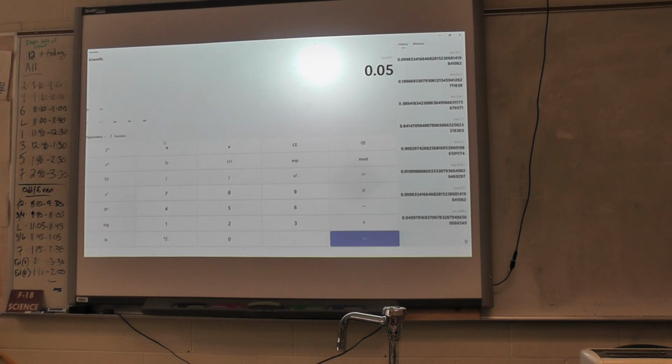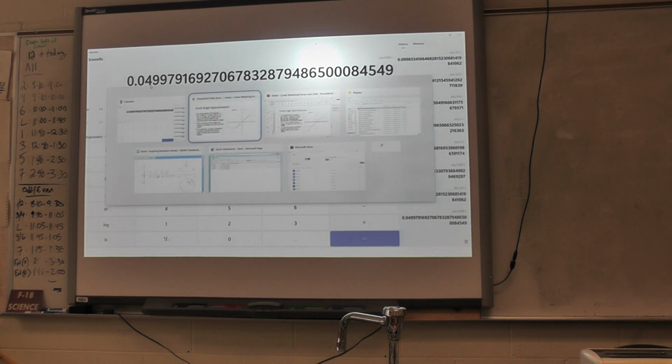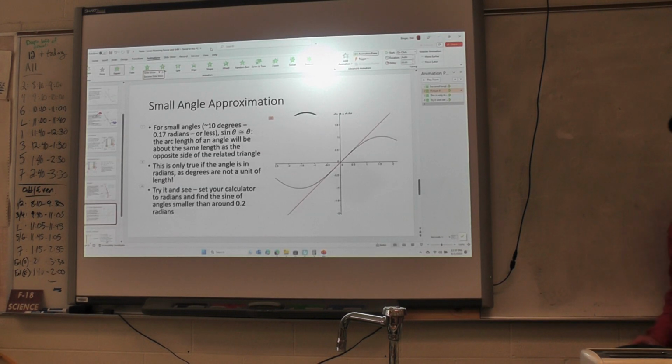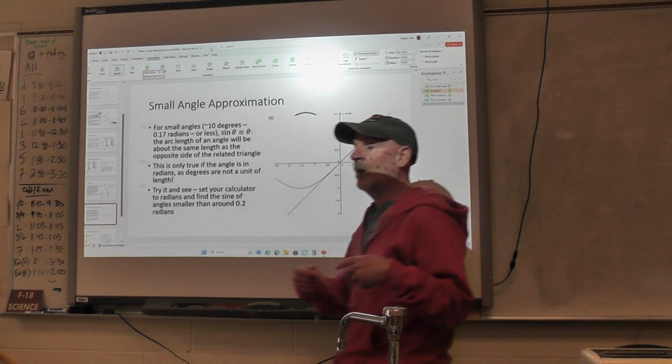The smaller you get, the closer you get to the sine and the angle being the same. The sine of an angle is the same as the angle in radians if the angle is smaller than about 10, 15 degrees.